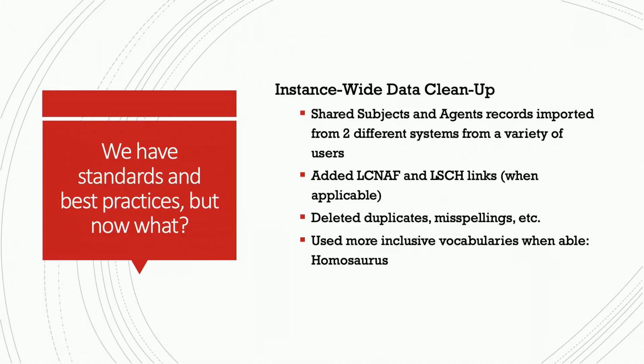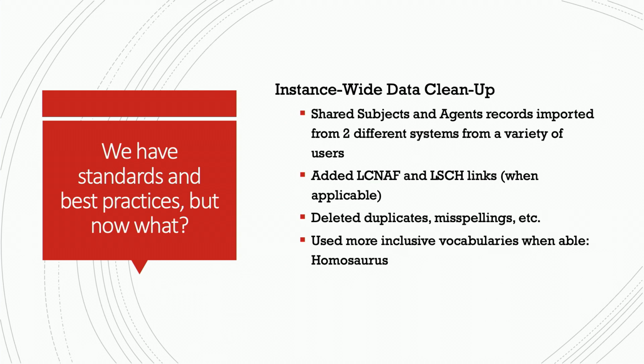So we have all these standards and best practices now. And so, instance-wide cleanup time. So, along with University Archives, we cleaned up our shared subject and agent records, which had been imported from 2 different systems from a variety of users, from staff to student workers to volunteers, over the past 25, 30 years. So there was a big variety in what was in there.